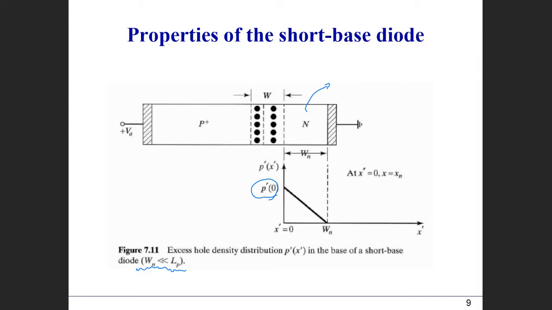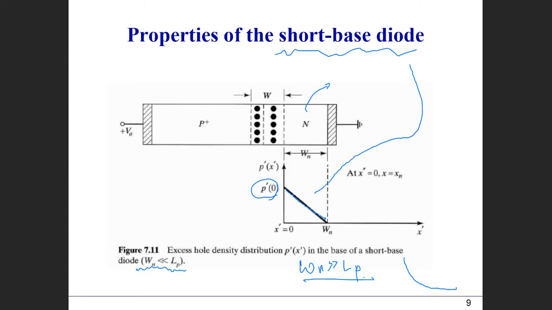And as you remember, if WN is much larger than LP, then that distribution follows more like an exponential decay, right? The short-base diode is especially for this case, and then this minority carrier distribution is going to be linear.